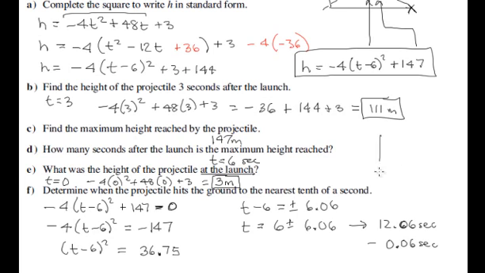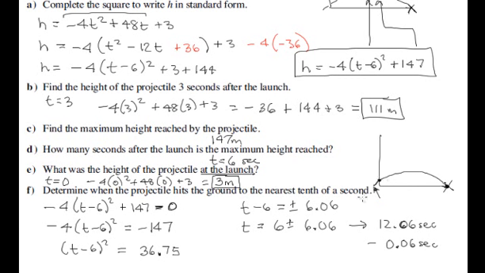Do those both make sense? Our projectile goes like this. The 12 seconds certainly does. That means this object has a 12-second flight time and then it thumps into the ground. The slight negative value is back here. The math doesn't know that this object was launched at 0 seconds.